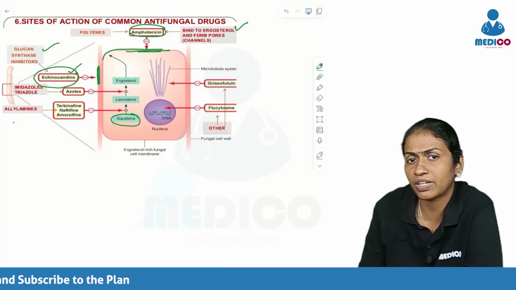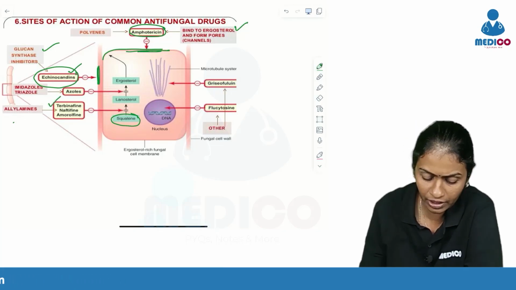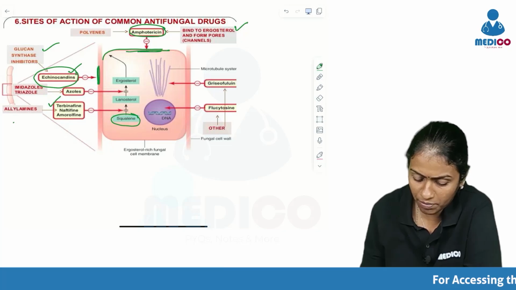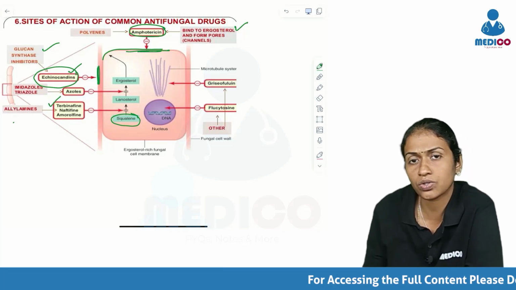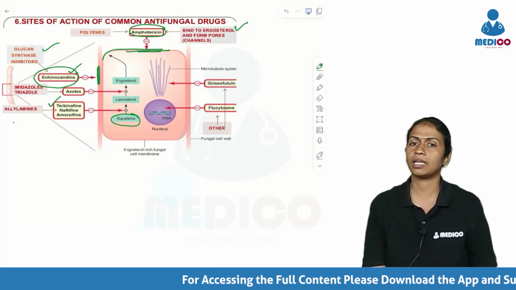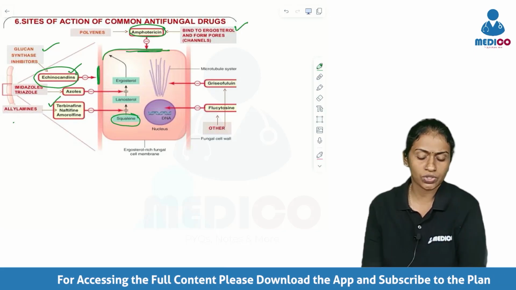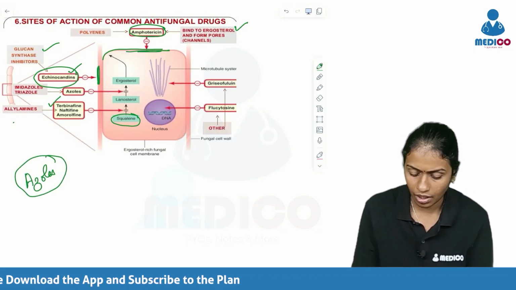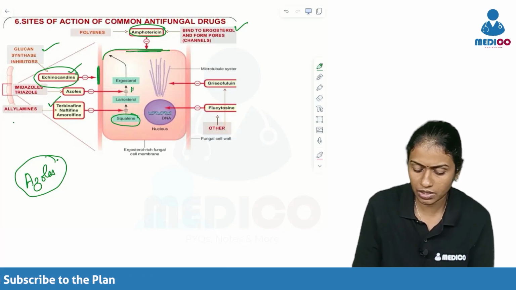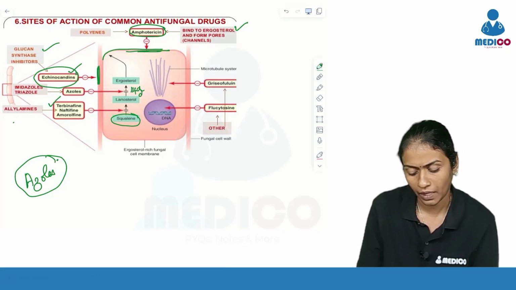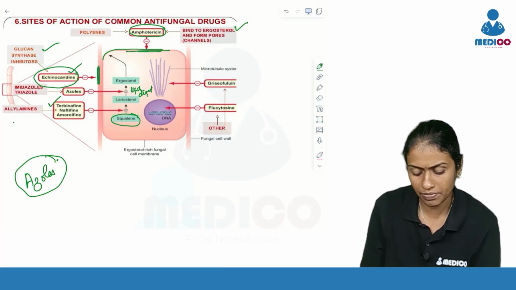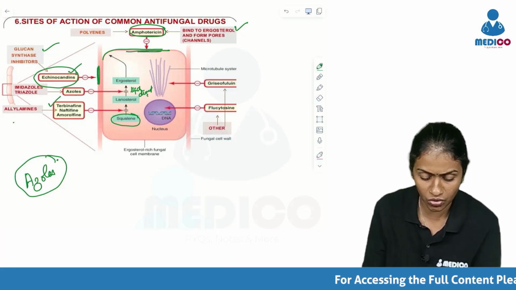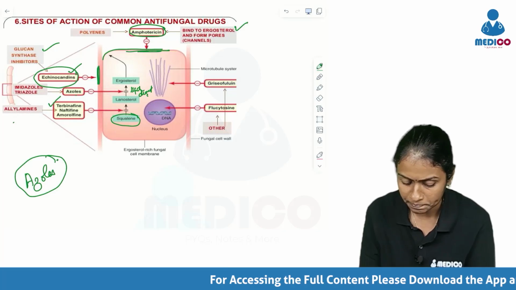Examples of allylamine group are terbinafine, naftifine, and amorolfine. Then lanosterol to ergosterol is inhibited by the azoles, which is the most common group that we use these days. And this is mediated by 14 alpha demethylase enzyme. So that is inhibited by azoles, which are again divided into imidazoles and triazoles.